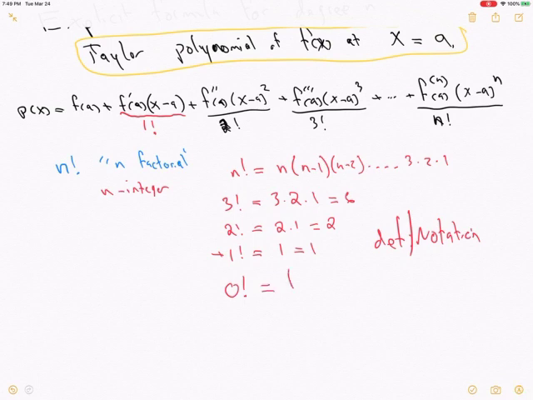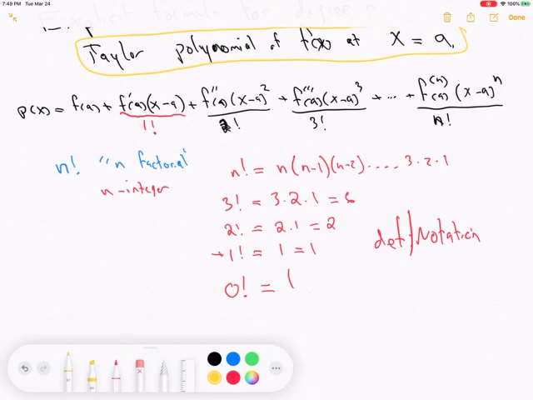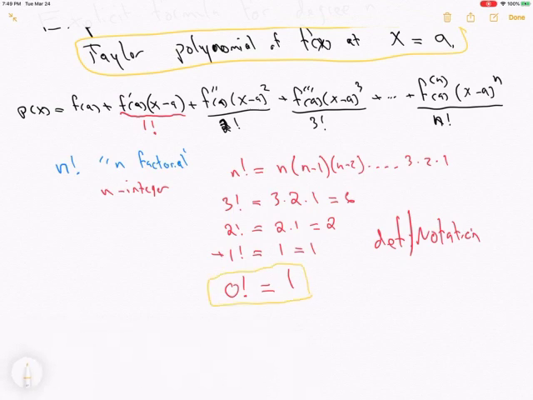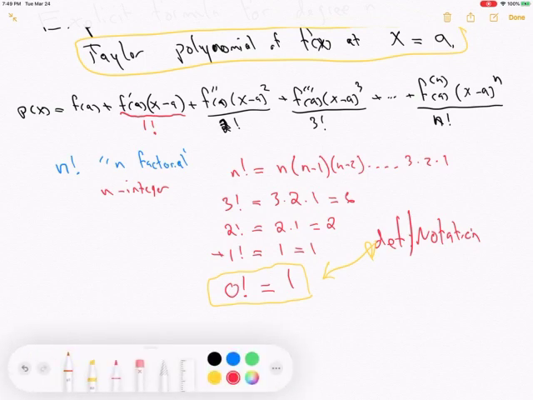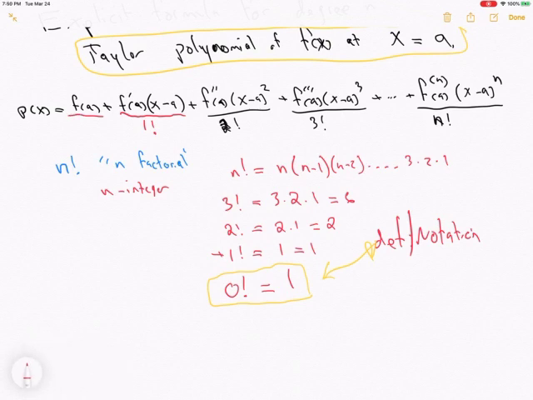So 0 factorial is not 0. This is very important. So this is just a fact, a definition, or a notation. So in particular, you have to remember that 0 factorial is the same as 1, so that we can actually write it like that. When you write it like that, there's a very nice pattern.